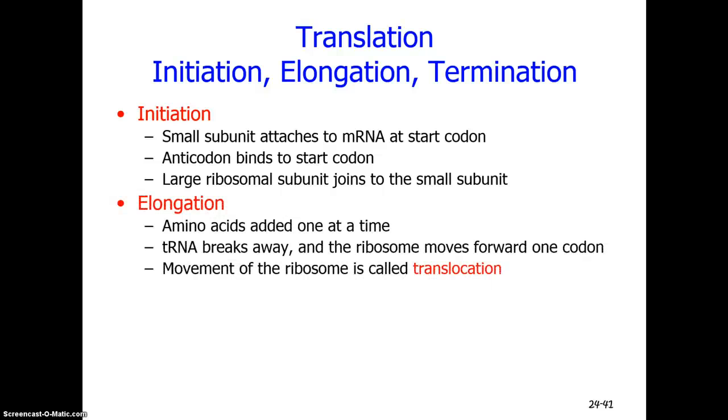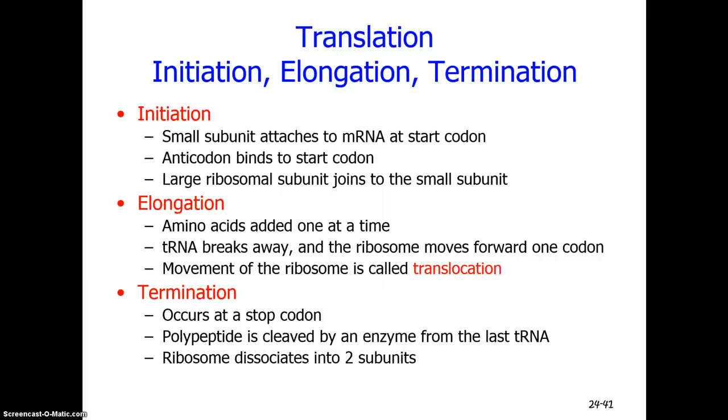Elongation: we're going to have amino acids added one at a time. The tRNA is going to break away after its amino acid has been bonded onto the next one, and go find itself another amino acid. The ribosome is going to move forward 1 codon, so it's going to move forward 3 nitrogen bases at a time. Movement of the ribosome is called translocation.